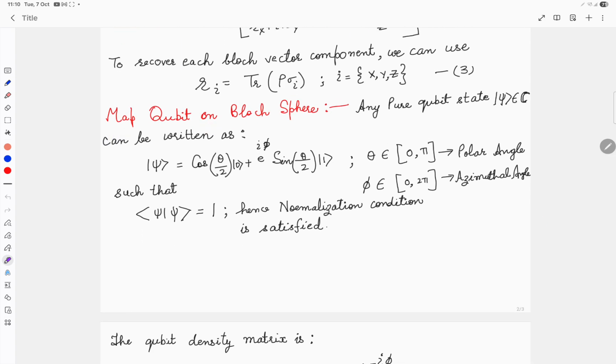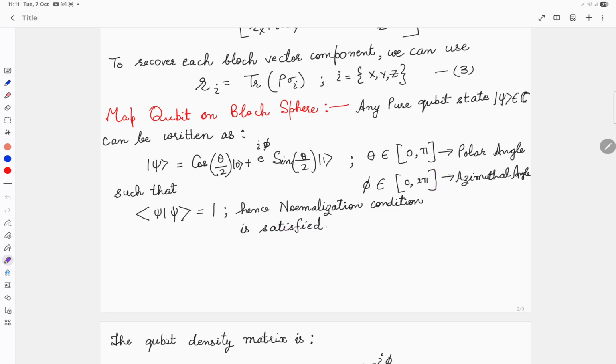Mapping of a qubit on the Bloch sphere. Any pure qubit ket psi which belongs to a complex Hilbert space can be written in this form: cos theta by 2 ket 0 plus e to the power i phi sin theta by 2 ket 1. Here phi is the relative phase, where theta defines the polar angle and phi is the azimuthal angle.